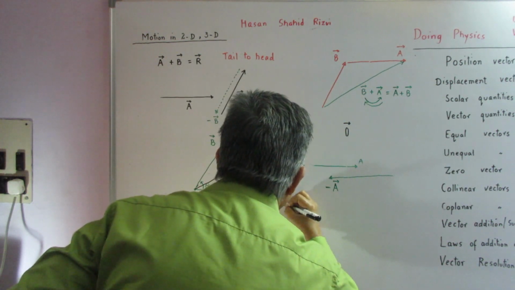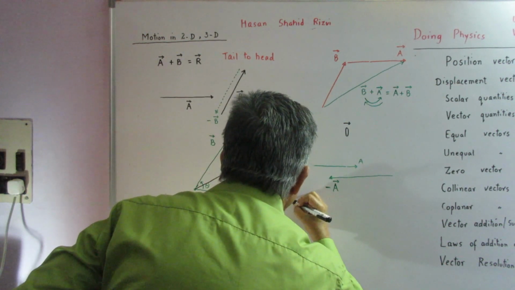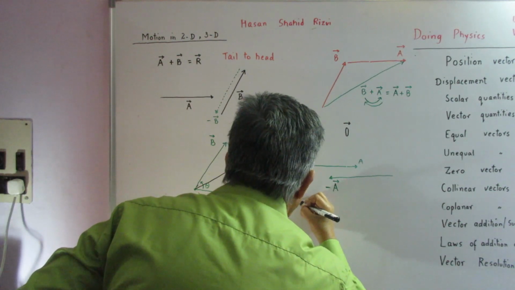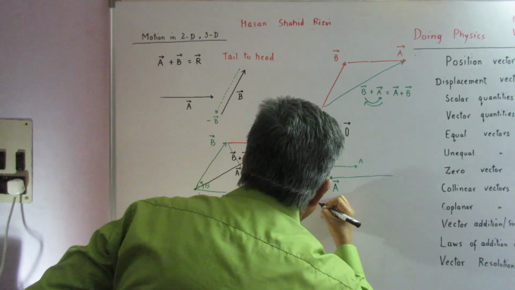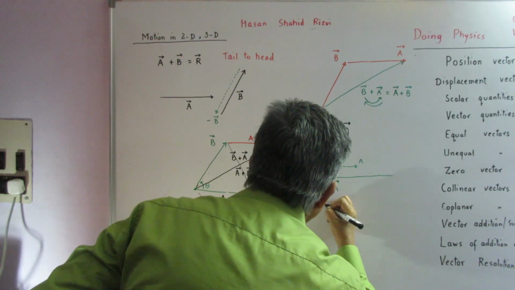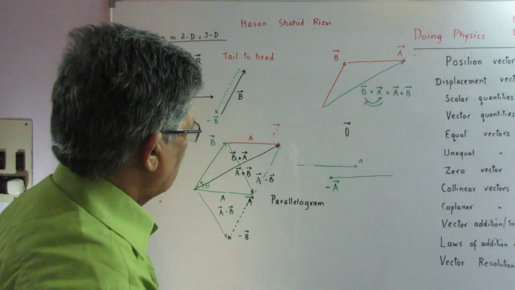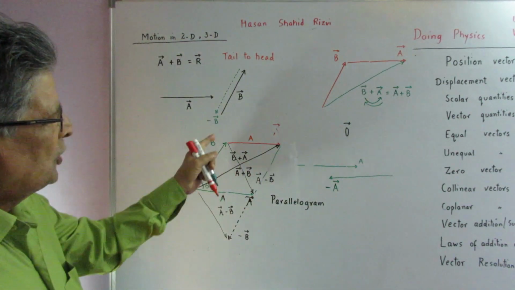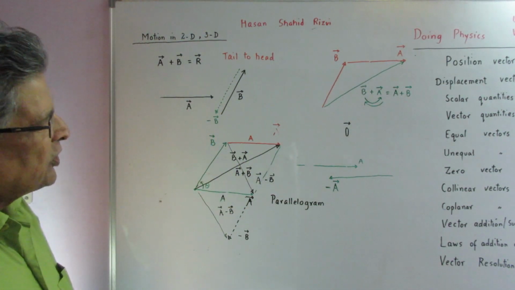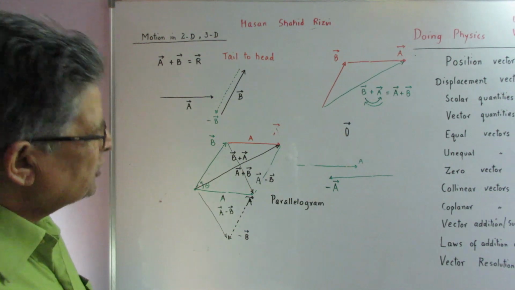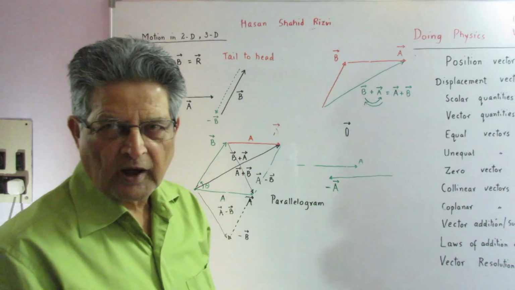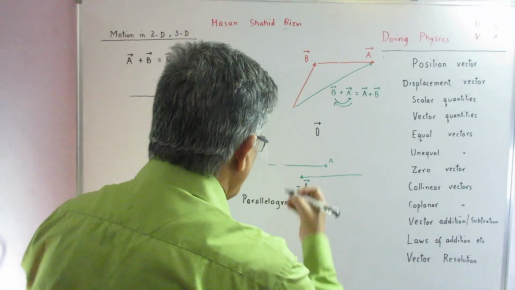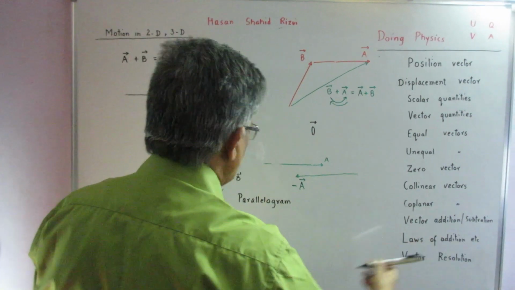Let me write parallelogram. Gram means the figure of parallels. So here, of course, I'll just introduce to you what you used to have, the resultant square. One of the things, parallelogram, laws of vector addition, etc.